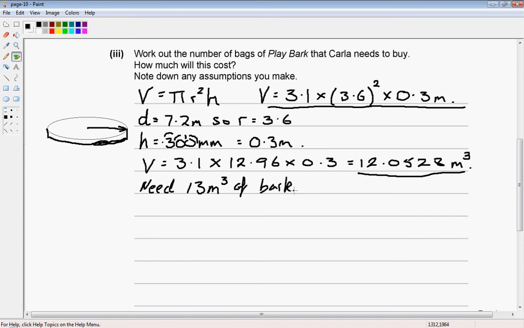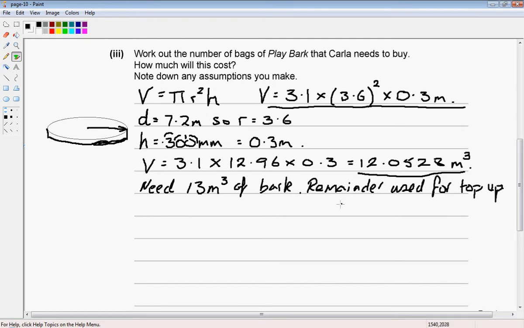of bulk. Okay, now you could put in here as well, because it says note down any assumptions you make, but the remainder could be used for topping up.